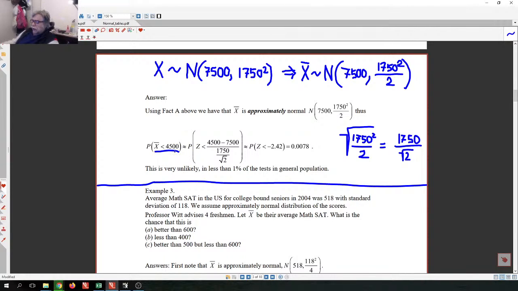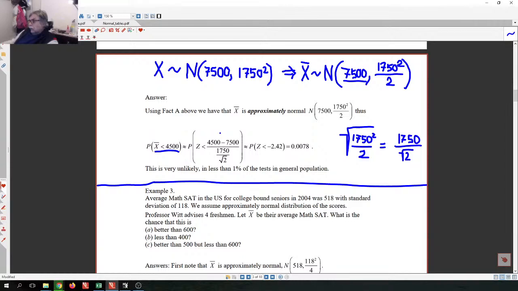I used the table calculation, which is turn this one into z-value, turn this one into z-value. How do you turn 4,500 into z-value? Well, you subtract the mean, which is 7,500, and you divide by the standard deviation. So the standard deviation of this is the standard error of the mean. So I'm dividing by the standard error of the mean, which is the standard deviation of this guy, right?